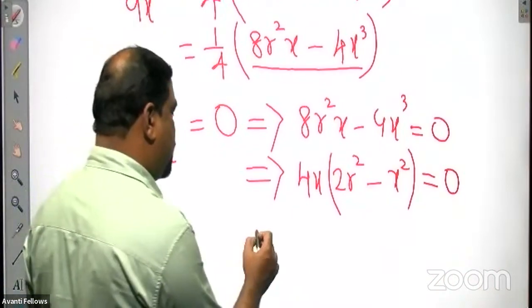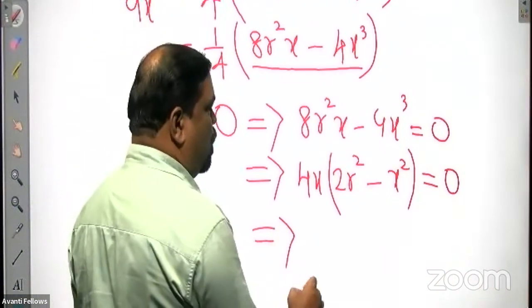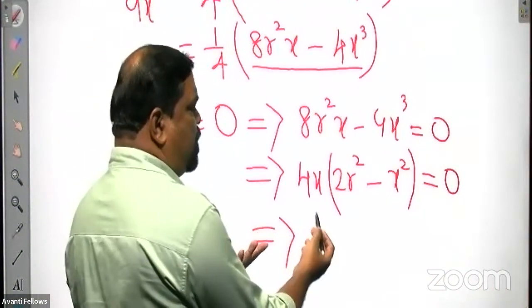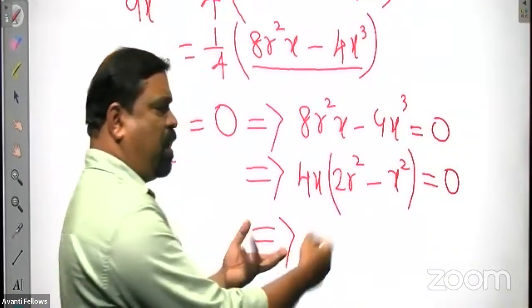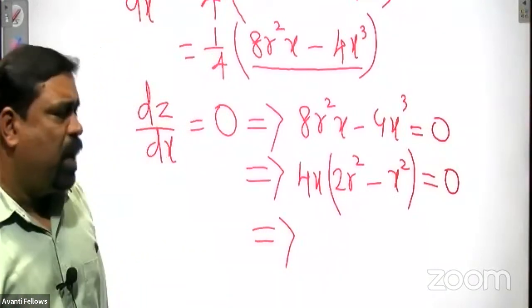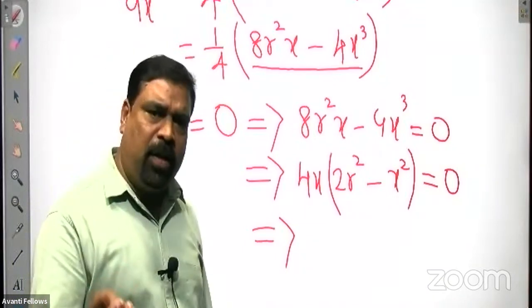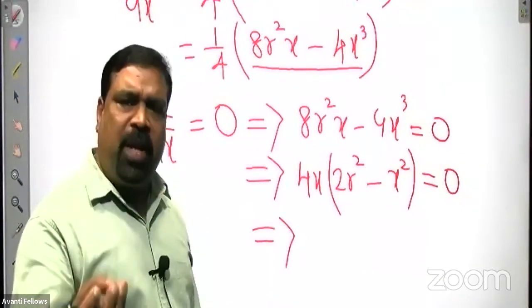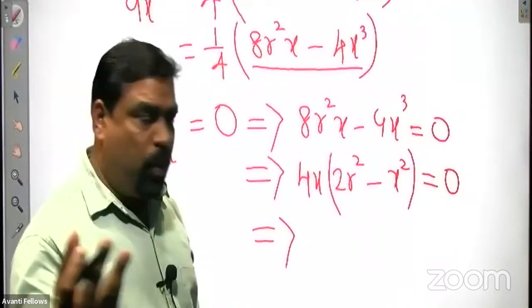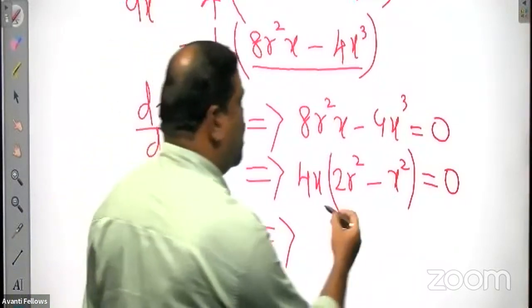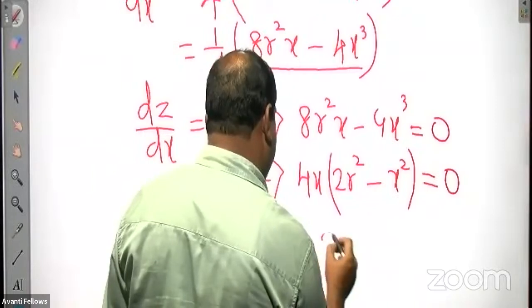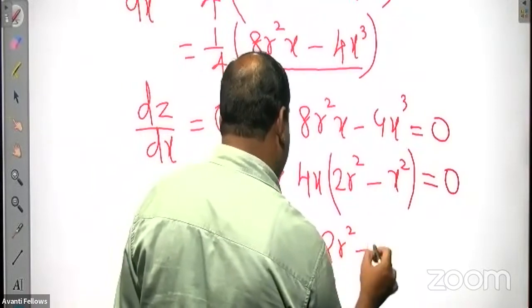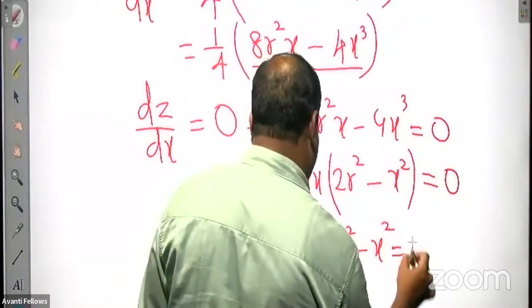Which implies either the first term x equals 0 or the second term equals 0. But x is the side of the triangle, so x cannot be 0. So the only possibility is that the second term must be 0, which implies 2r square minus x square must be equal to 0.